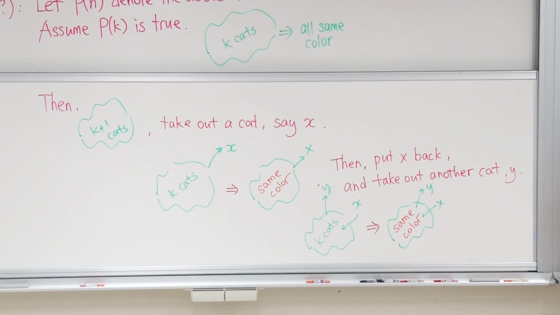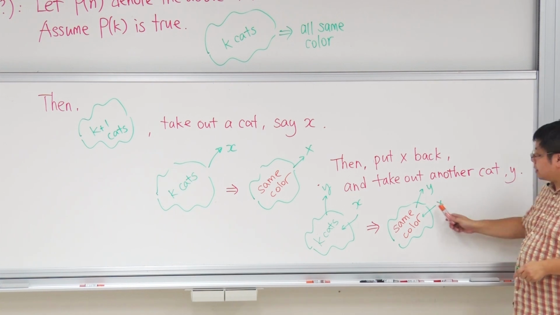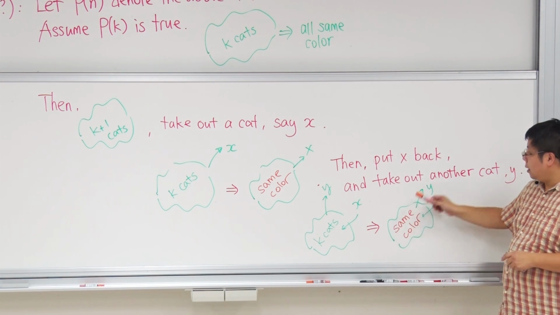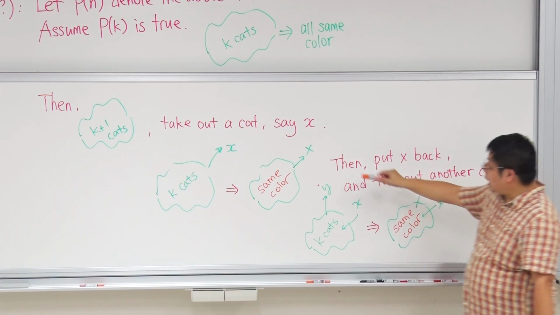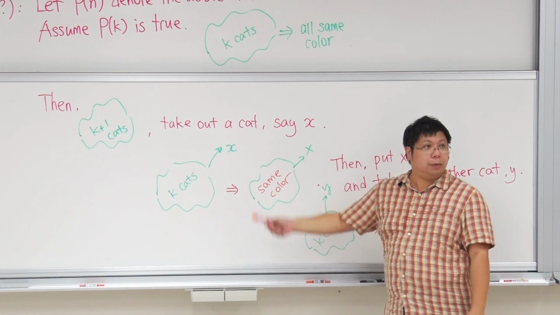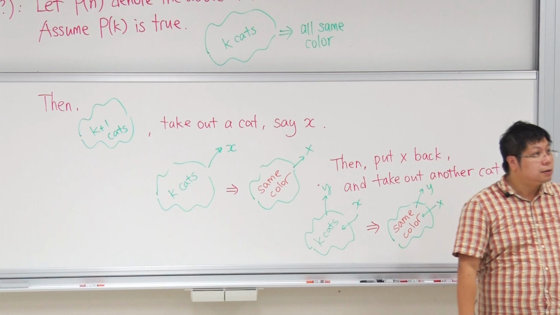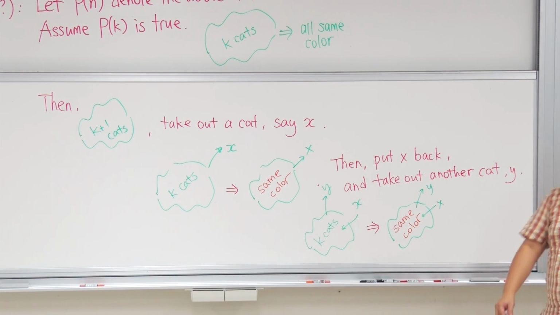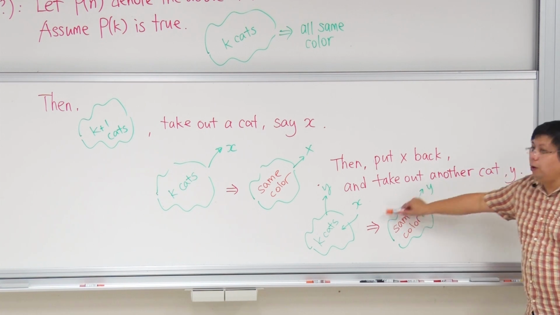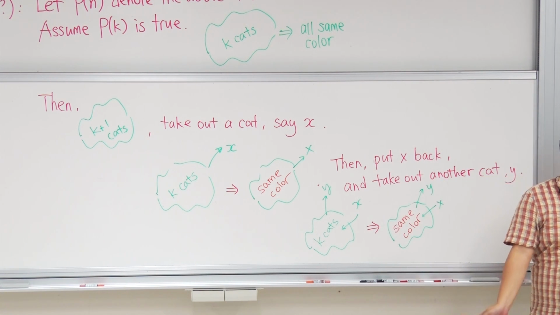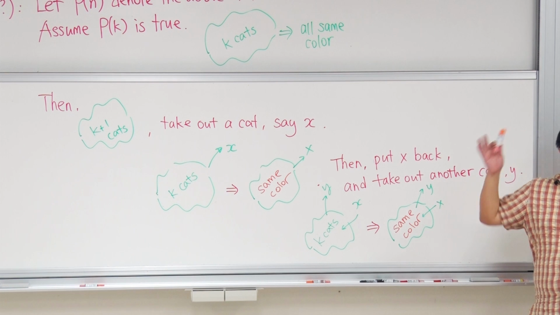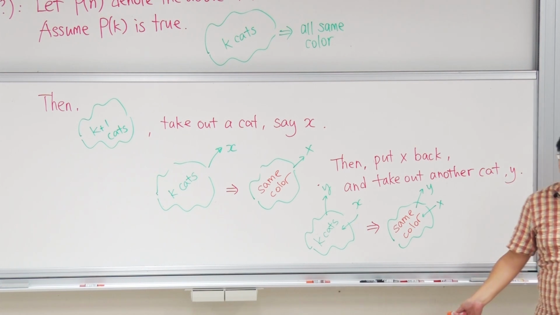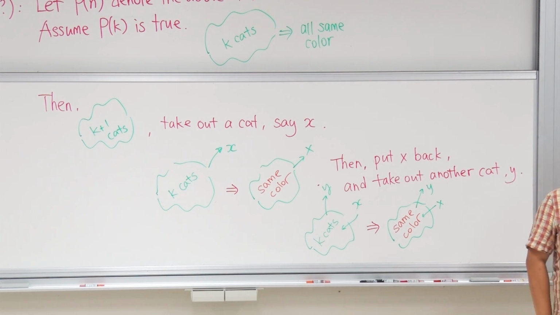Now x has the same color as the cats here, and we just put y back. So y will have the same color as the cats there. So x and y will have the same color. Then x, y, and all the cats here will have the same color. So all the k plus 1 cats will have the same color. So we have finished the inductive case.